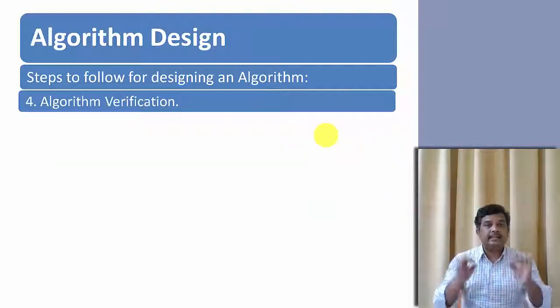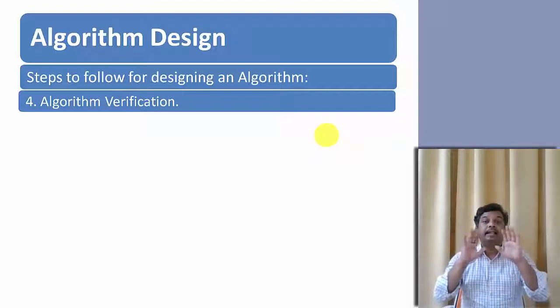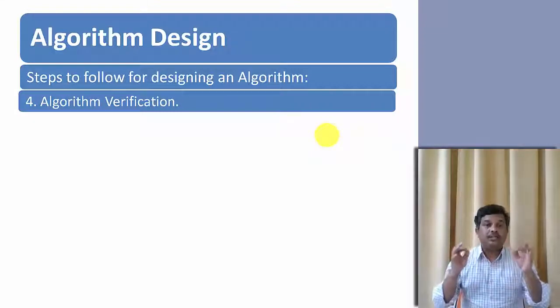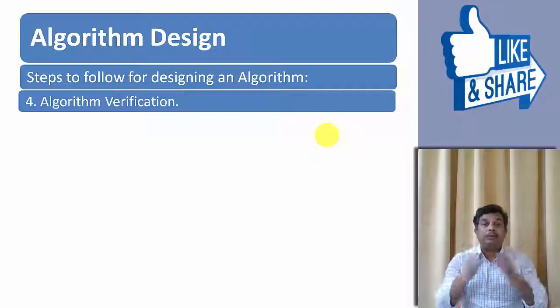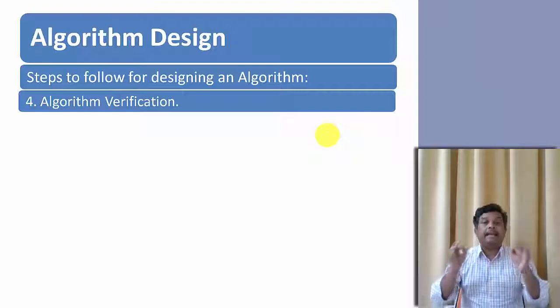The next thing is algorithm verification. Algorithm verification means checking the correctness of the algorithm. After specifying the algorithm, we go for checking its correctness. We normally check whether the algorithm gives correct output in a finite amount of time for a valid set of input. The proof of correctness of an algorithm can sometimes be complex.